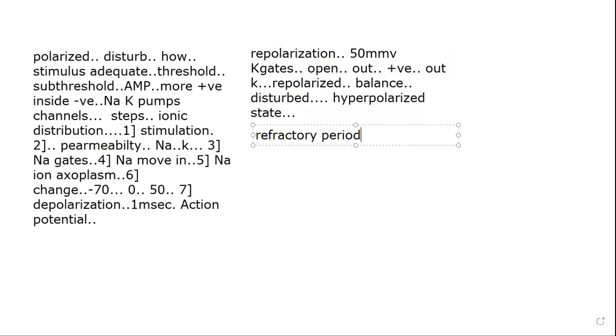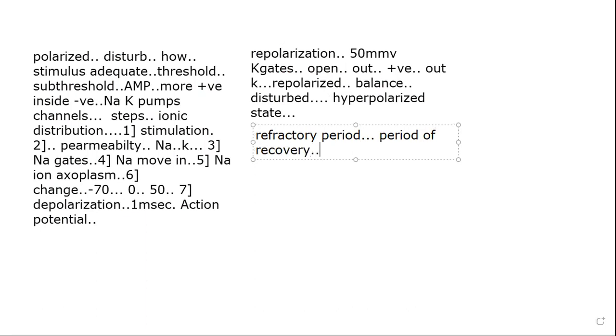During this refractory period, what happens after an action potential has taken place? Be very, very careful. After an action potential has taken place, the nerve fiber undergoes a period of recovery, in which it is going to repolarize itself.